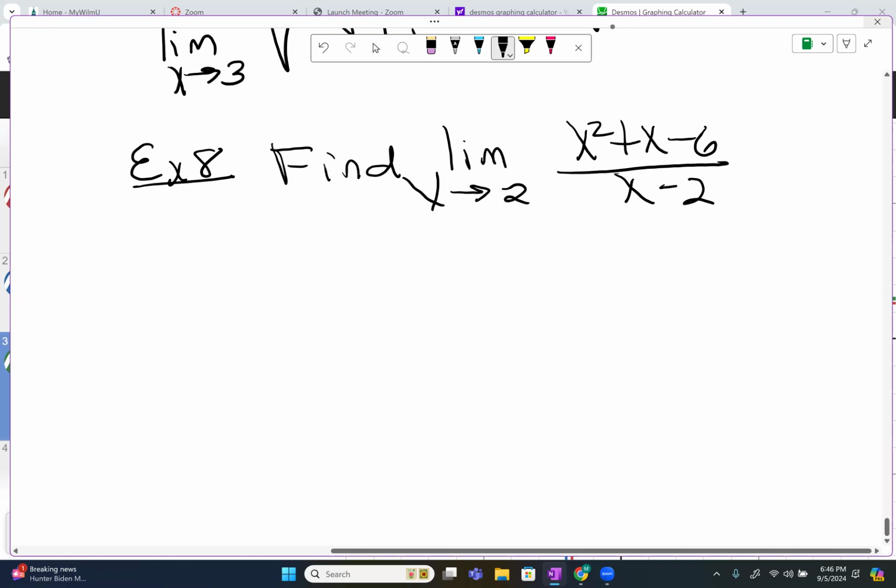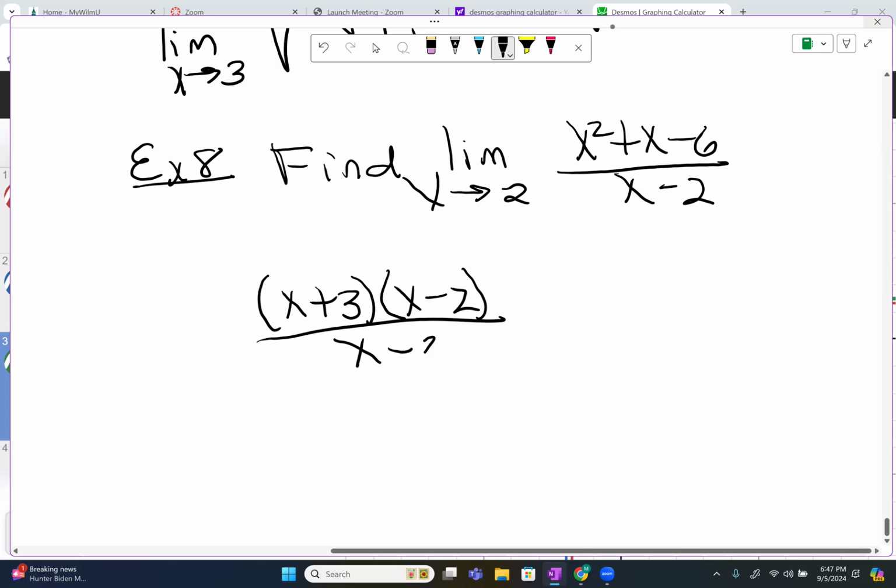The first thing you're thinking is, I should be able to factor, so you're going to do x plus 3 times x minus 2, over x minus 2.